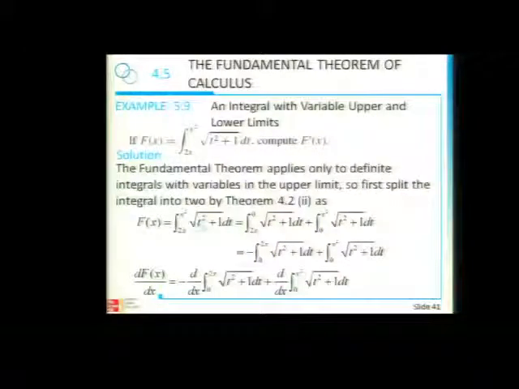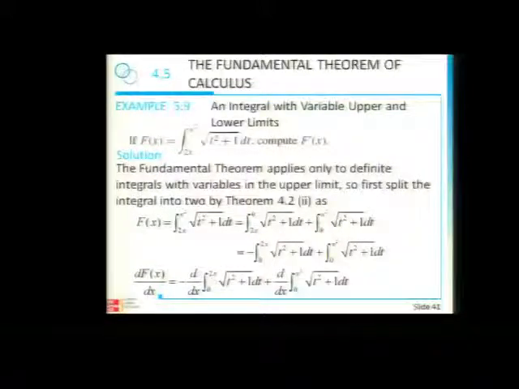Now, the integration of this integrand from 2x to x squared, we can split into two integrals. From 2x to a constant 0, and then from 0 to x squared. We can do that, right? Remember one of the theorems earlier on? We can split the integration from a to b into two parts.